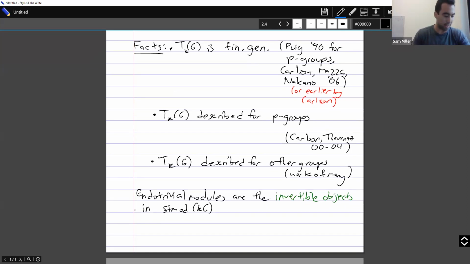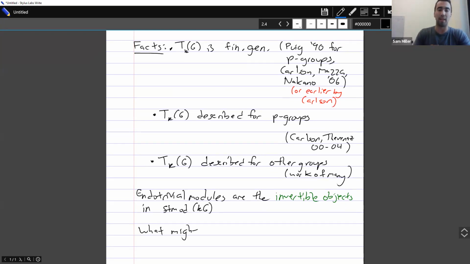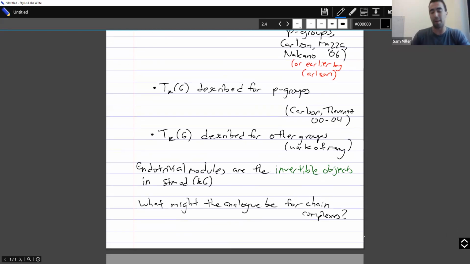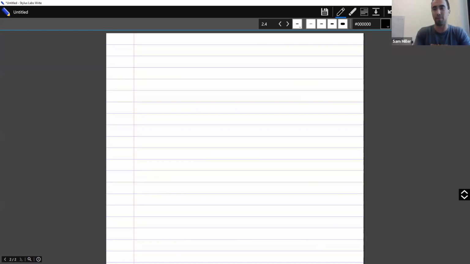And so one question we can ask is, what might the analog be for chain complexes? Perhaps there's not one correct answer here, but well, I've cooked up a few. Unfortunately, before we can begin, we need to cover a few preliminaries.